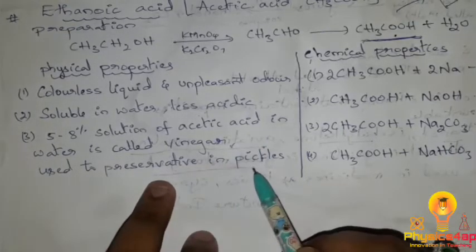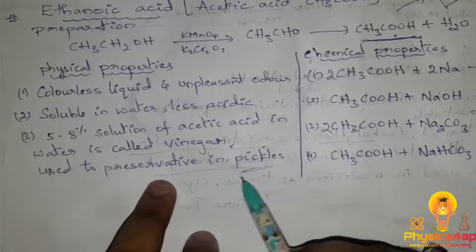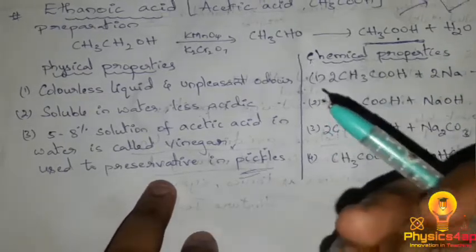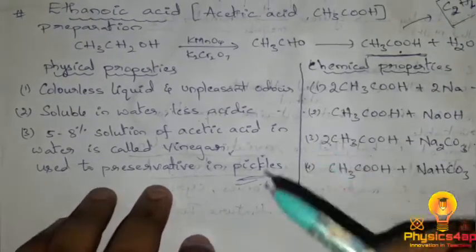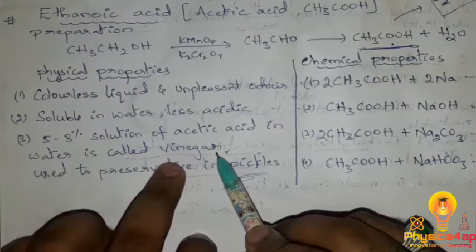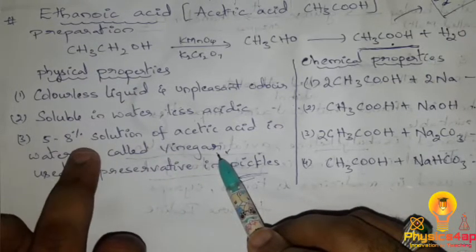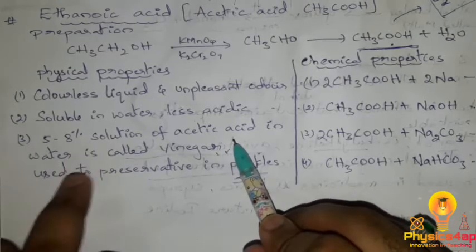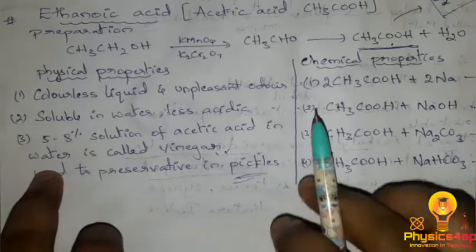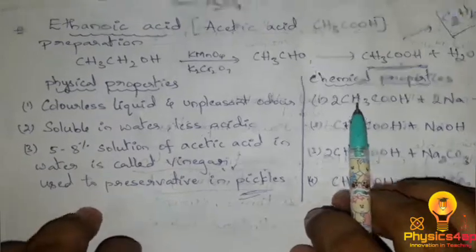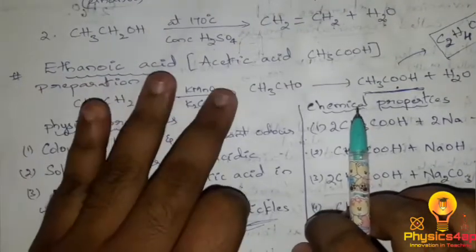It is used as a preservative of pickles, the pickles which we get from the stores. They have a little bit of a sour taste, and that sour taste is due to the presence of vinegar, which is prepared as a 5 to 8% solution of acetic acid mixed with water. So these are the physical properties of ethanoic acid or acetic acid.